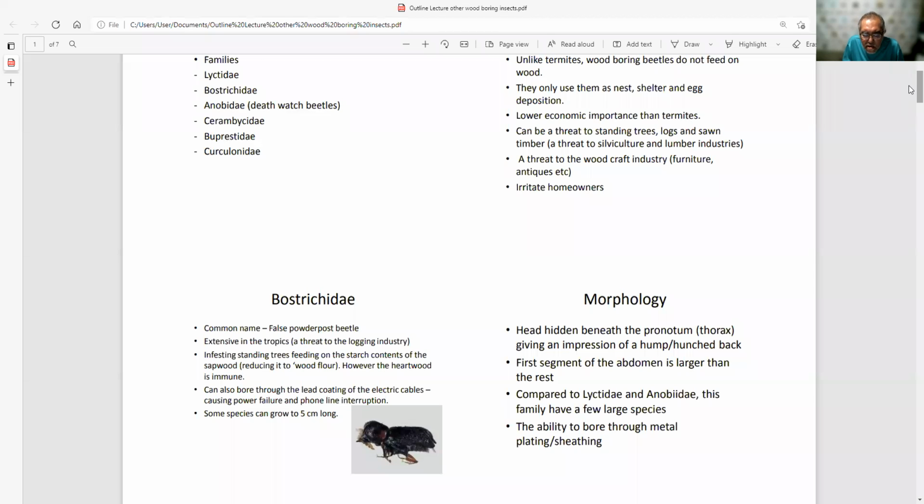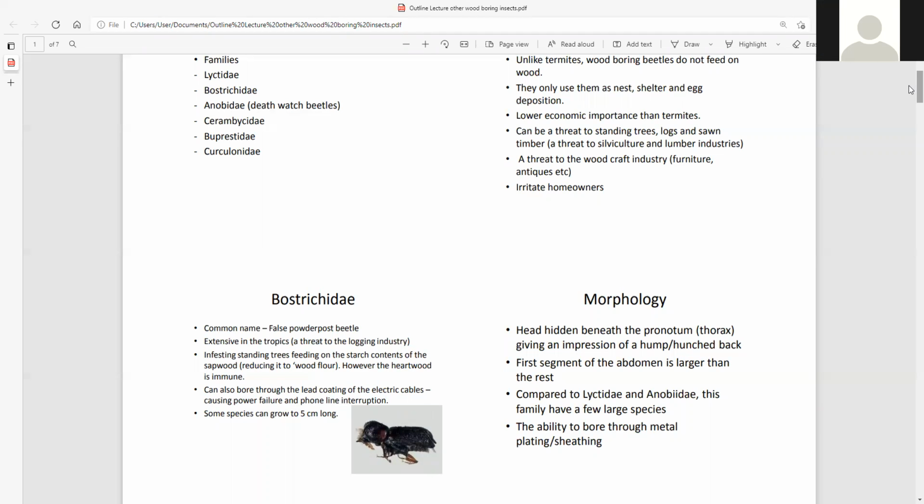So when electric current is being conveyed, so heat is building up, and that heat and the warmth that is transmitted from it actually attracted the beetles.